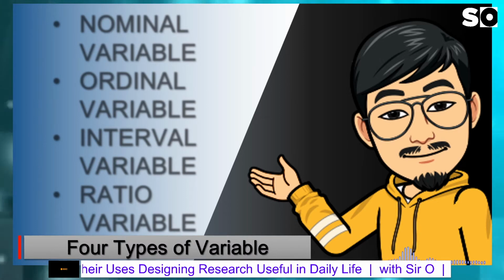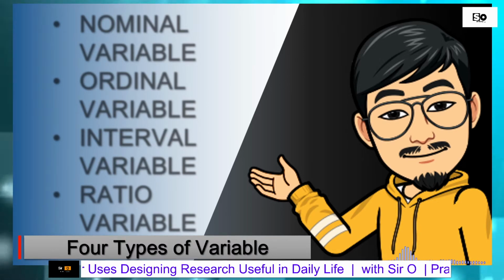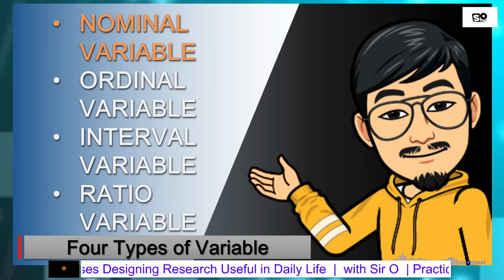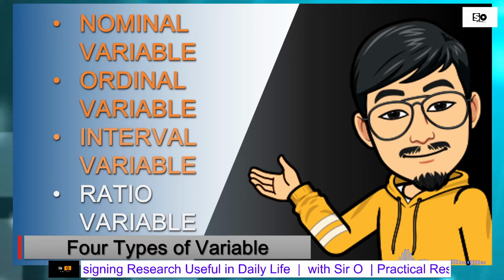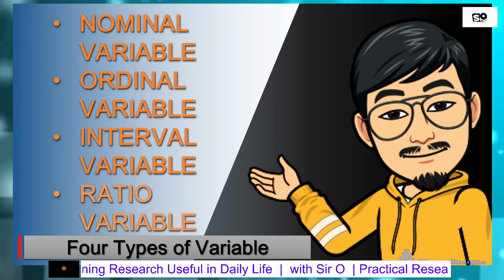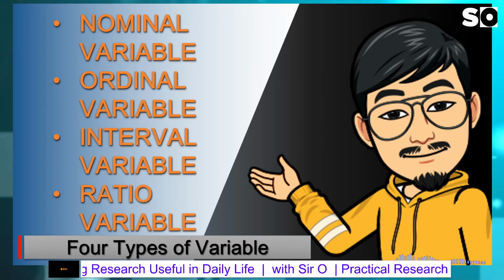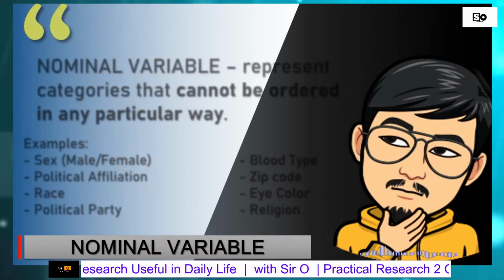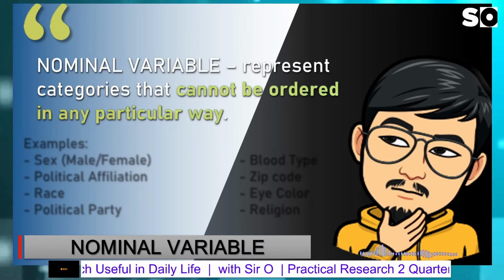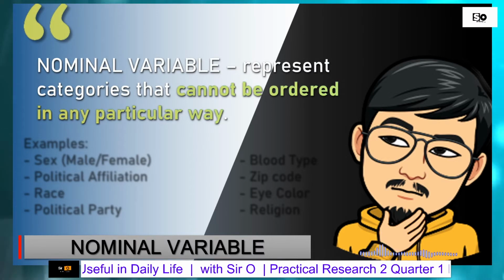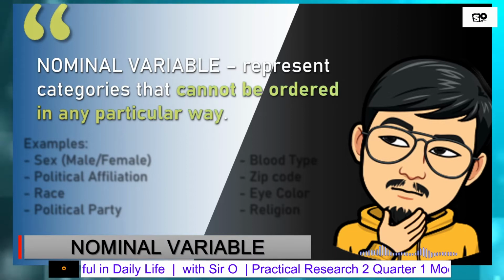The following are the four types of variable: nominal variable, ordinal variable, interval variable, and last is the ratio variable. Nominal variable. Nominal variables represent categories that cannot be ordered in any particular way.